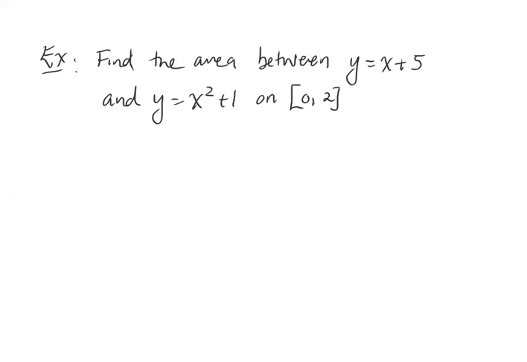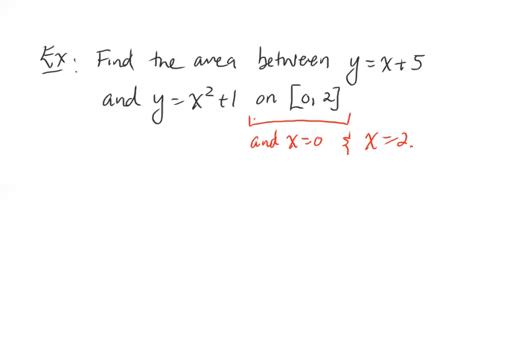Another way that I could think about this is the area is bounded between y equals x plus 5 and y equals x squared plus 1 and x equals 0 and x equals 2. That's also a way that this might be stated.